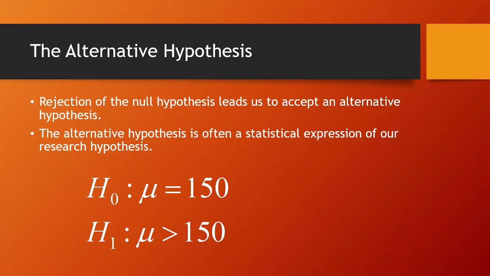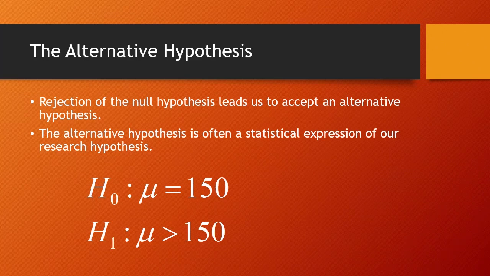That is, all the students who take test prep courses, if we put them all together and look at that entire population, the mean of that population should be bigger than 150. And that is in fact what we're concluding here. We are rejecting the null hypothesis of 150 and concluding that the alternative hypothesis is true.